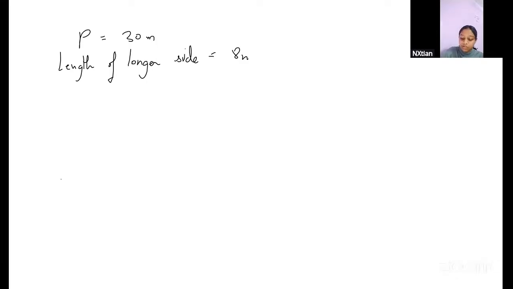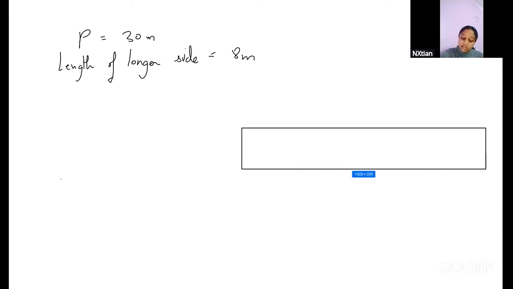Suppose this is the field fence, and its whole perimeter is given to you, that is 30 meter. Perimeter is equal to 30 meter, and the longer side is 8 meter. So you have to find out.